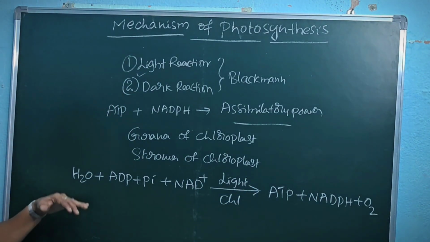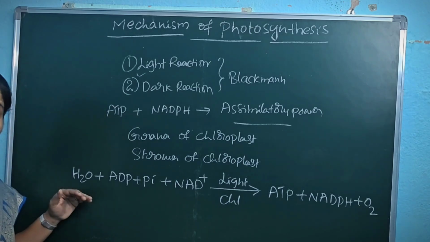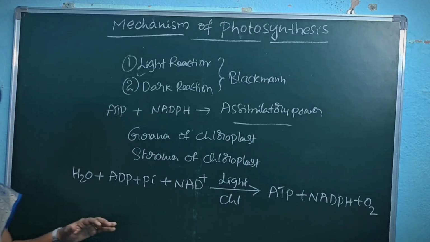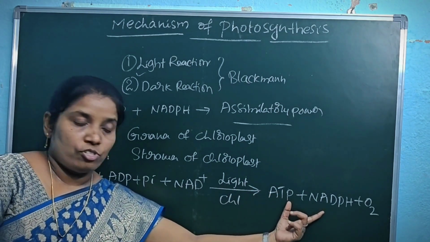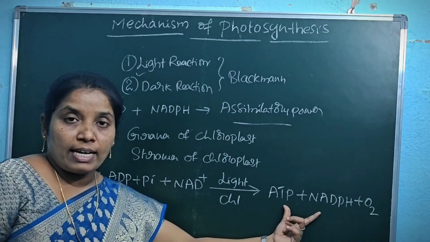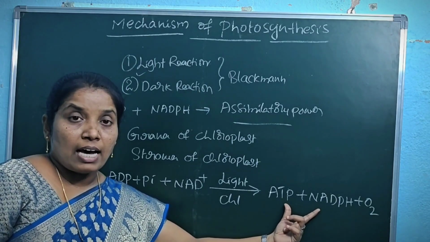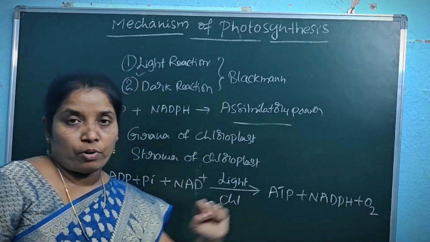So this is the actual equation of the light reaction. With the help of light and chlorophyll, ATP and NADPH, both are called assimilatory power. They are generated in the light reaction. Oxygen is released as a byproduct.